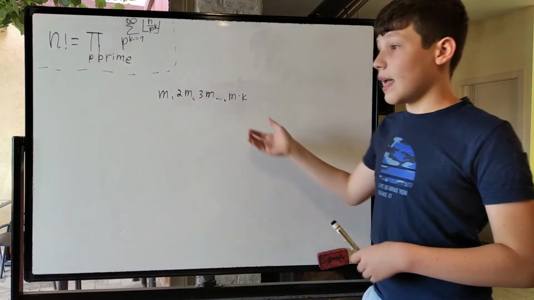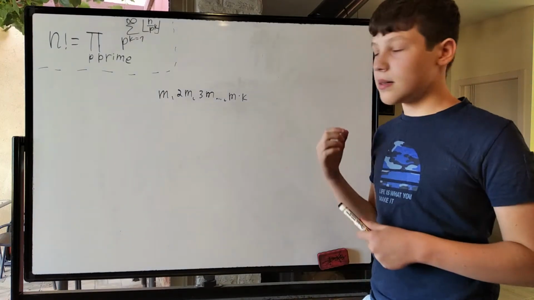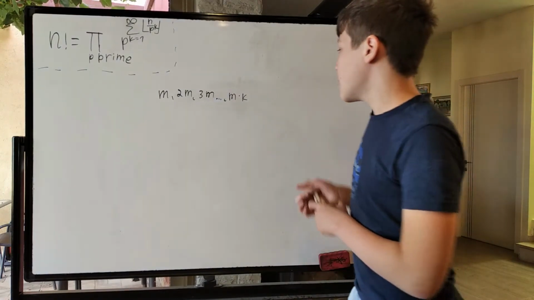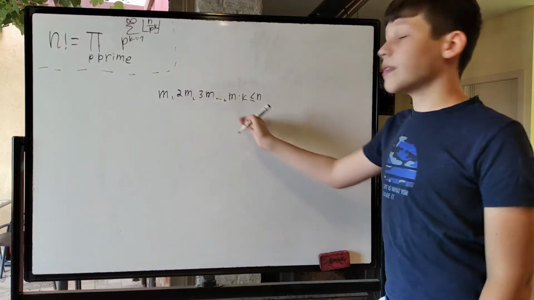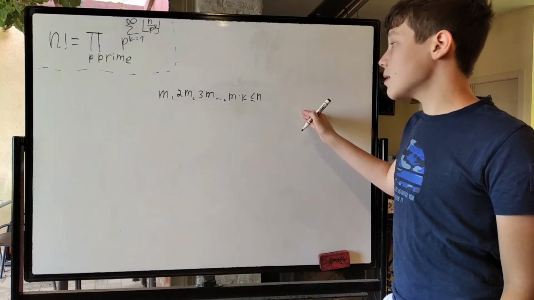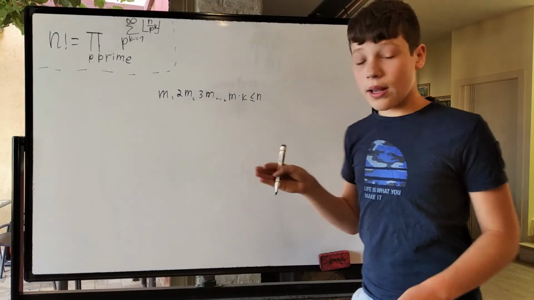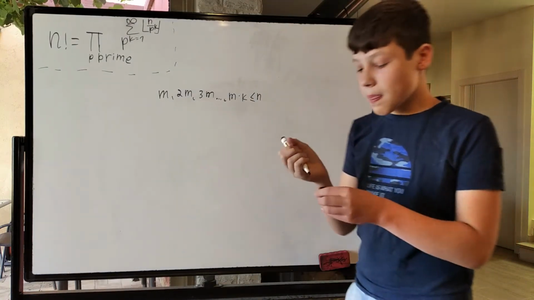So we have actually k multiples of it, and only those are smaller than or equal to n, meaning that the rest of the multiples, so m times k plus 1 and onwards, are bigger than n.